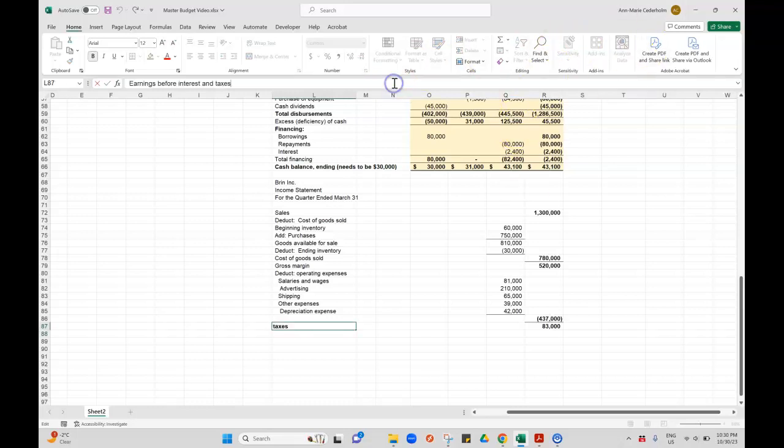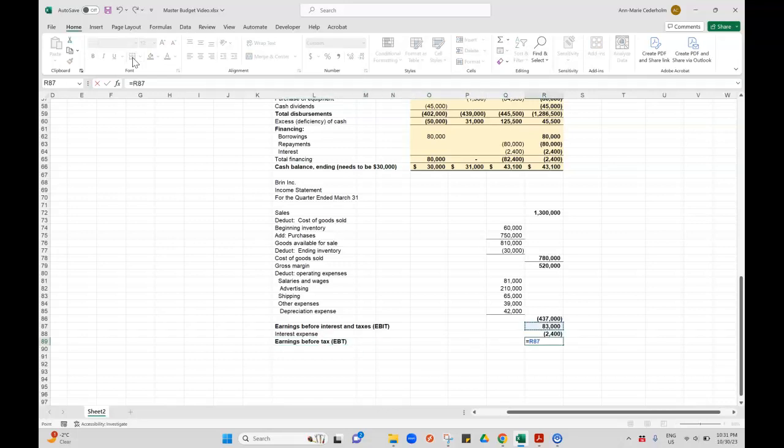So that is EBIT. Then we can subtract out our interest expense. That's the amount from the cash budget, so it's this amount here, the 2,400. And then that will give us our earnings before tax. So that's EBT.